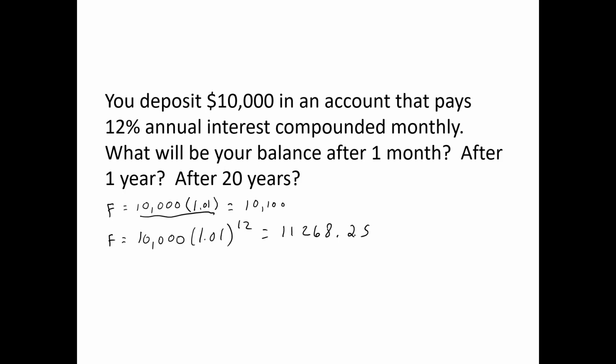So when we go to do this after 20 years, and then again, every time our principal is the same, 10,000. Every time we compound, we multiply by a factor of 1.01. But after 20 years, since we're doing this every month, it would have been 20 times 12, 240 times. So our exponent will be 240.